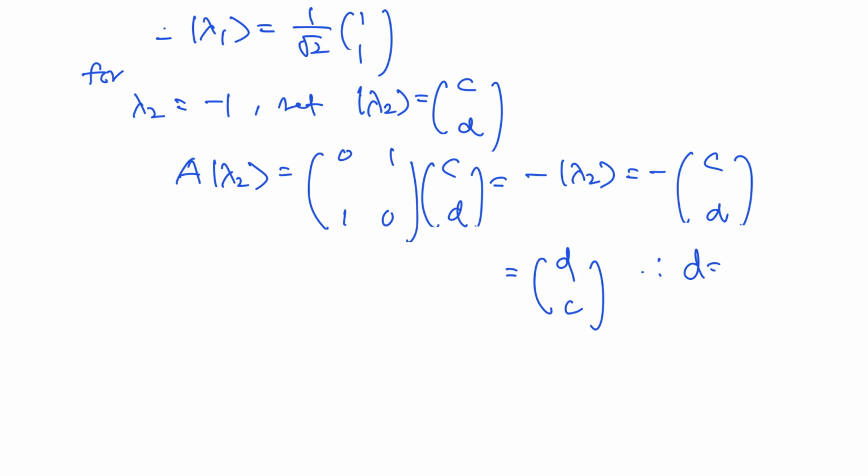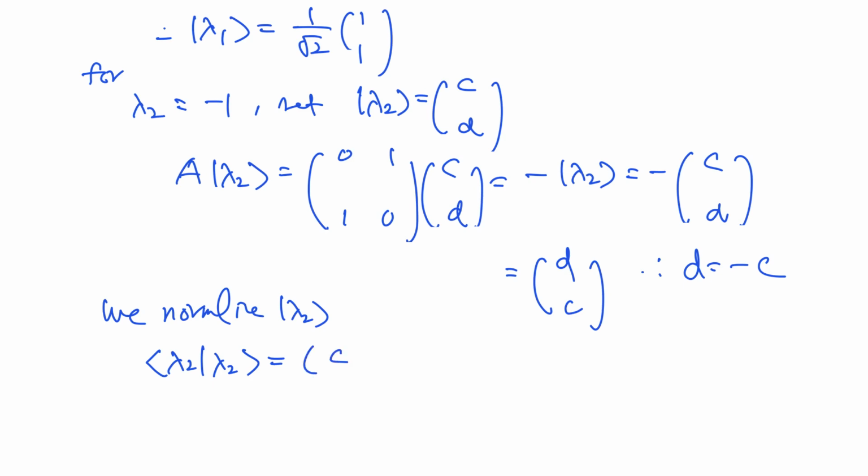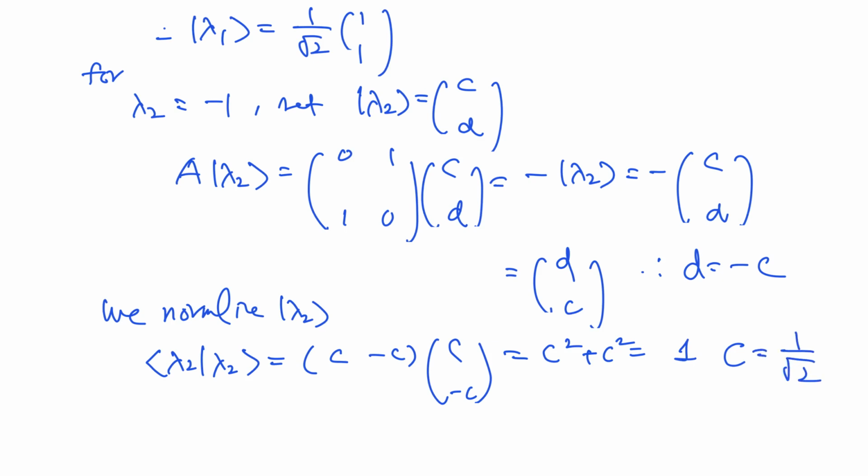As a result, D equal to minus C. So we normalize x2, which means C squared plus C squared equal to 1. So C is again 1 over square root of 2. So x2 is equal to 1 over square root of 2 times (1, minus 1).